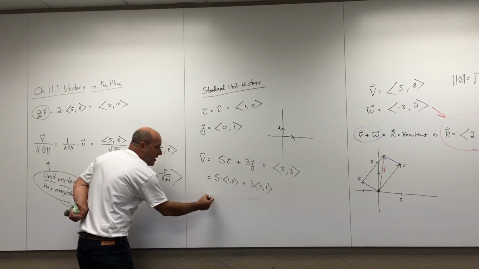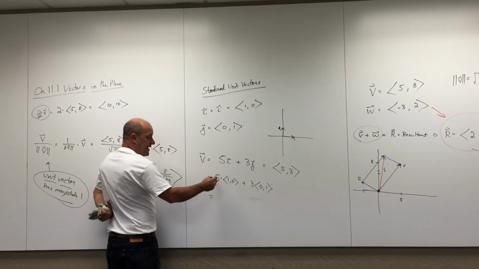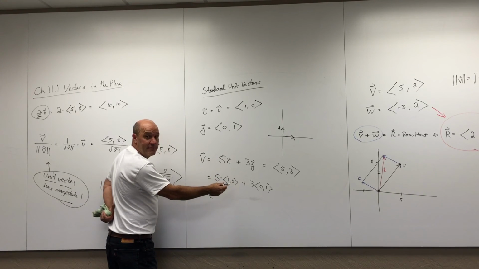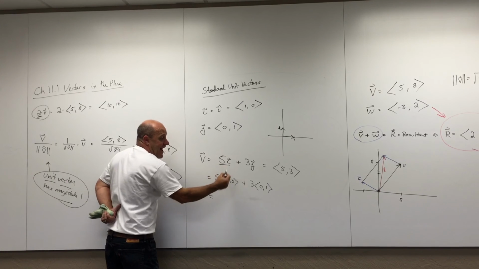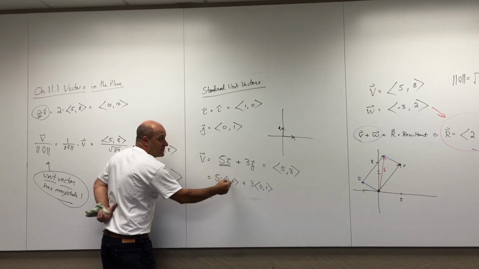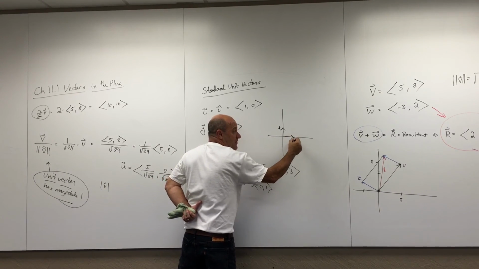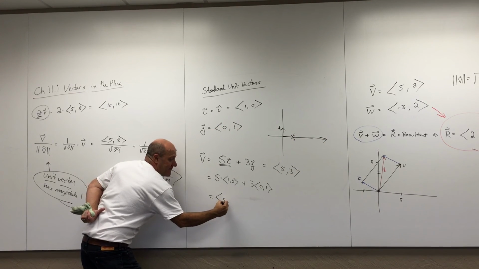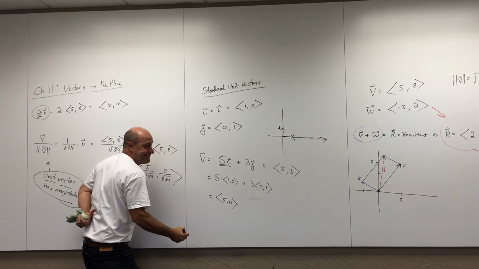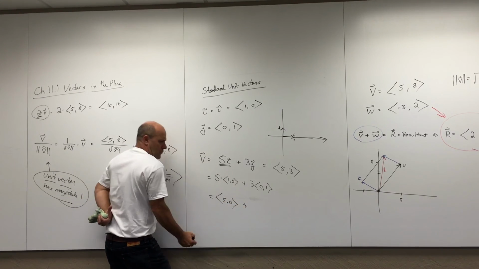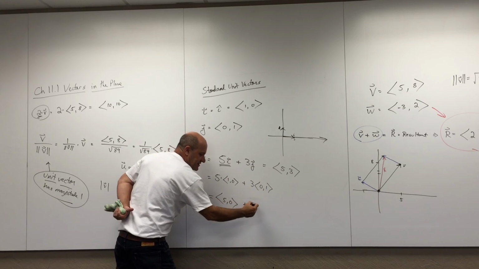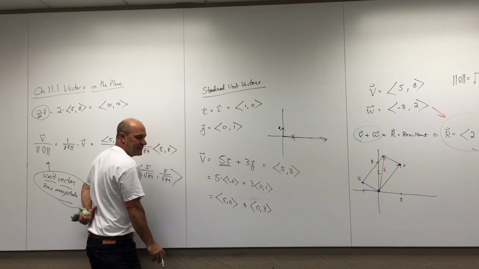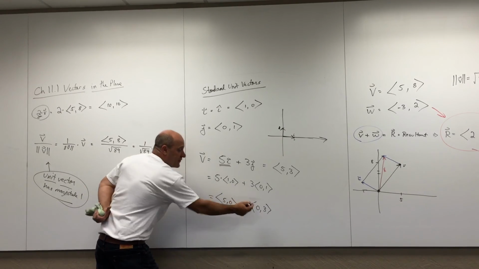Okay, now let's play this game. Watch this. How do you multiply a scalar times a vector? You just distribute it through. So the vector 5i is actually 5 times those guys. Here's i. It's 5 of those. It's 5, 0. What about the vector 3j? Well, it's really just the vector 0, 3. How do you add 2 vectors?